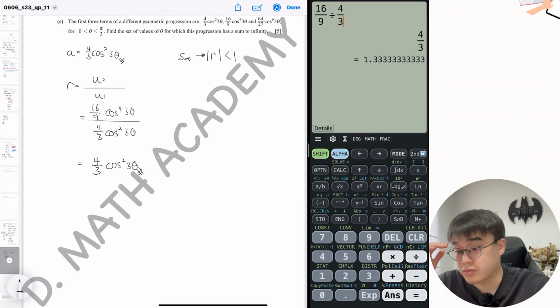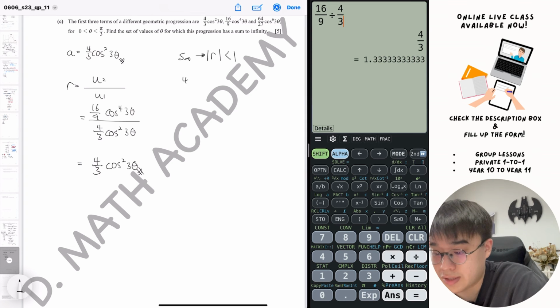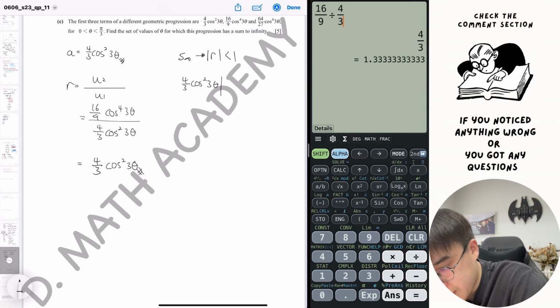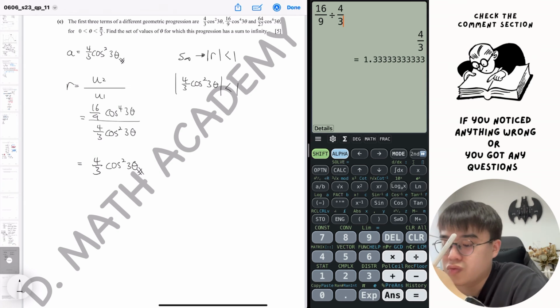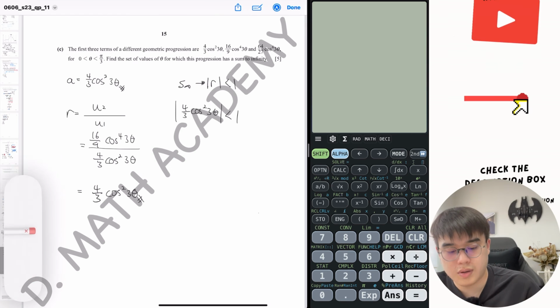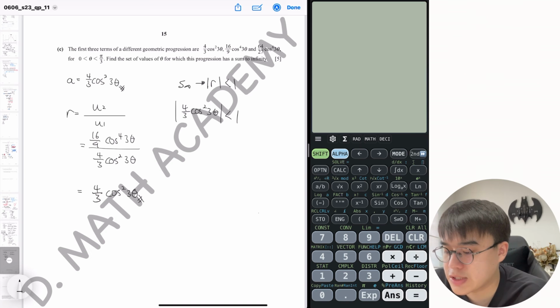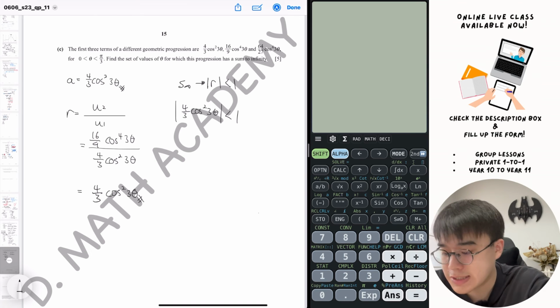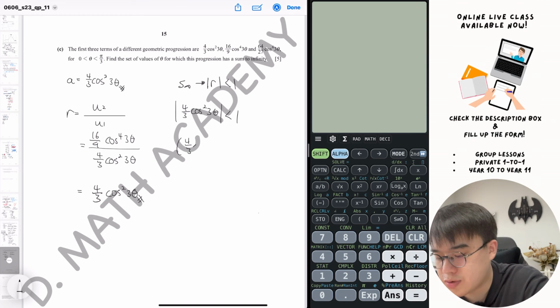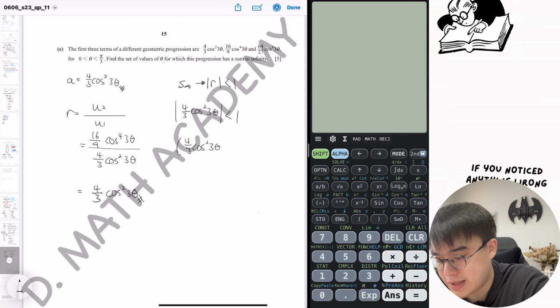Okay, so I will have to try to force myself to calculate this. Okay, I'm going to modulus this and make it equals to 1. Okay, at this stage, what you're going to do next is to get rid of the modulus. To get it done means you have to square both sides again.